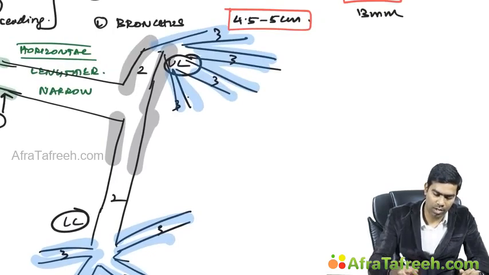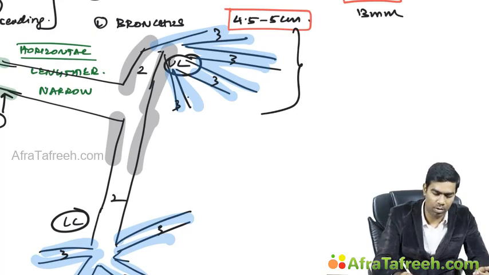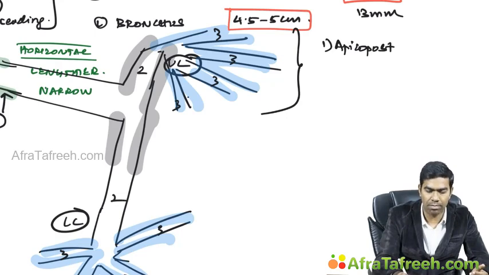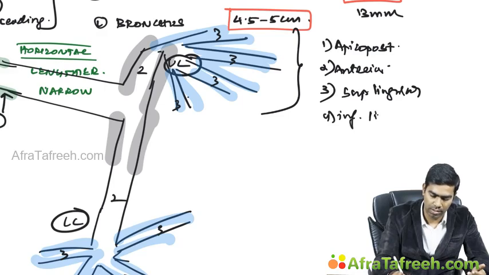In the left upper lobe, number 1 is the apico-posterior, where the apical and posterior are mixed together. Then you have anterior. Instead of medial and lateral of the middle lobe, here you have superior lingula and inferior lingula. So 4 segments in the left upper lobe.